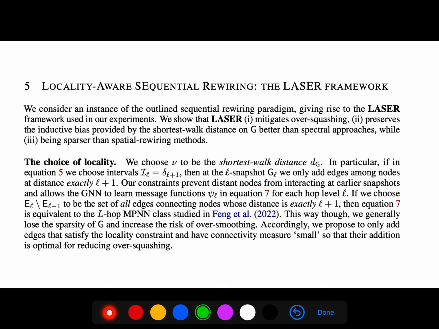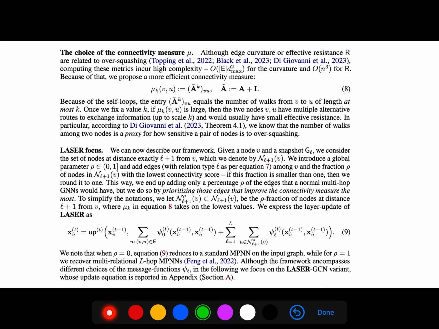We choose nu to be shortest walk distance. And for connectivity measure mu, we can use A to the k, the number of walks from v to u of length at most k.